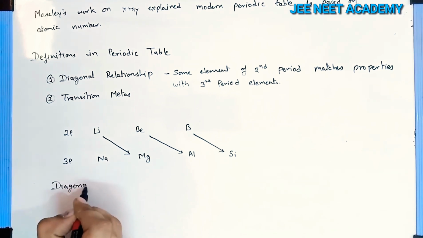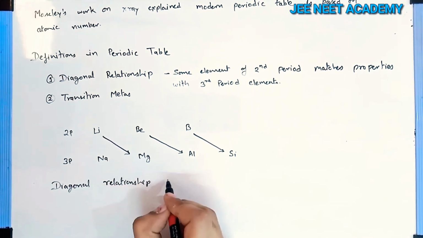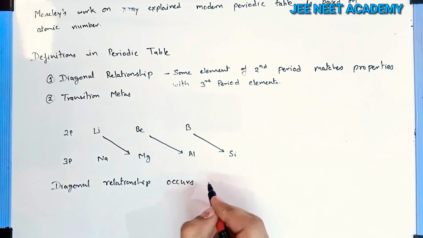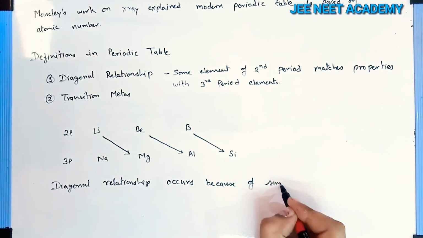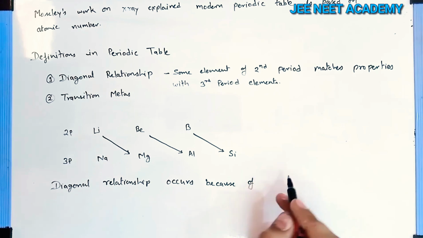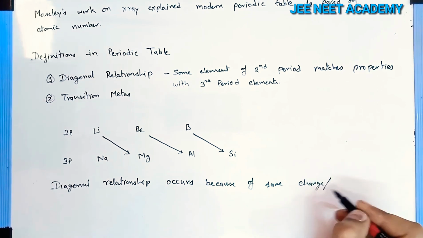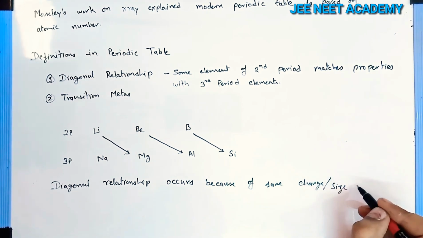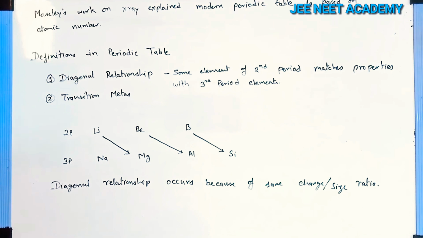Diagonal relationship occurs because of the same charge versus size ratio, or you can say because of the same ionic potential.